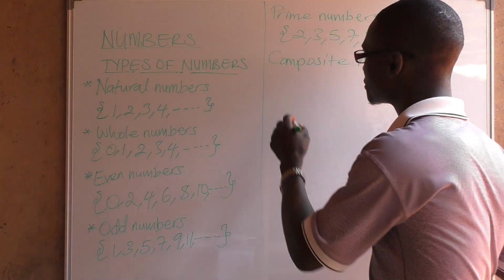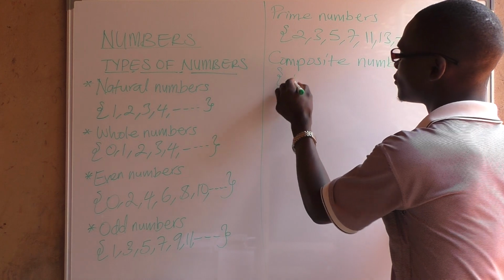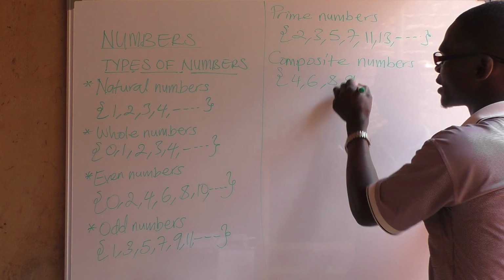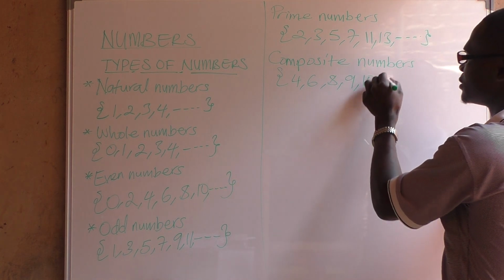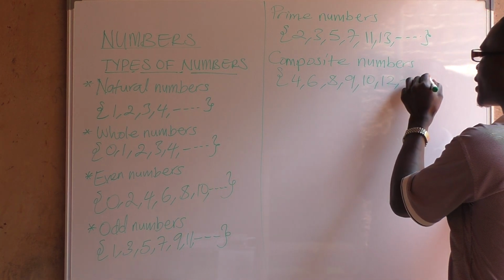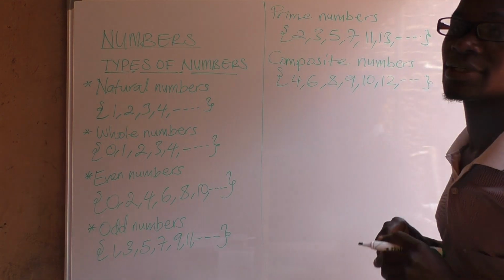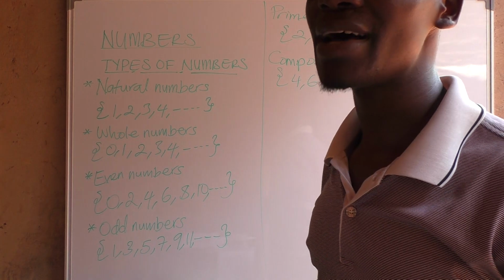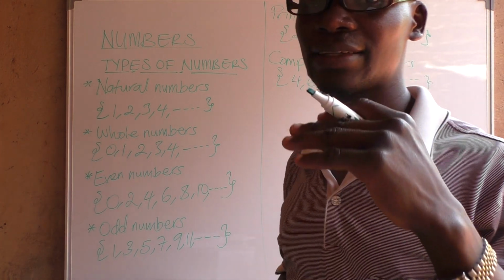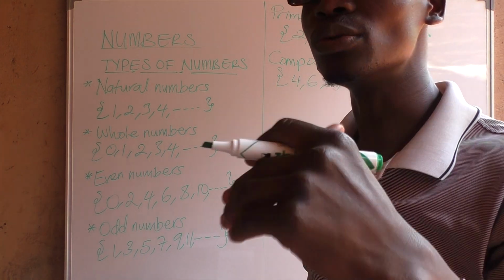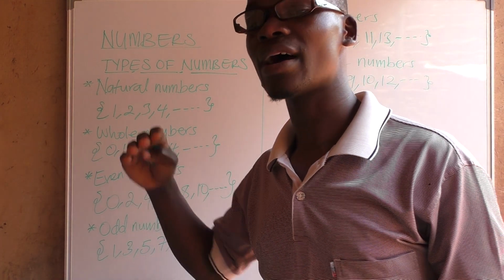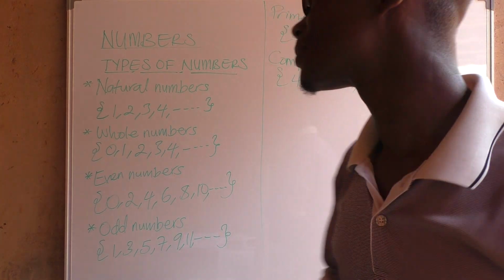Such numbers include 4, 6, 8, 9, 10, 12, and so many others. Those are composite numbers. Numbers with more than 2 factors. That means they start with 3 and more factors.